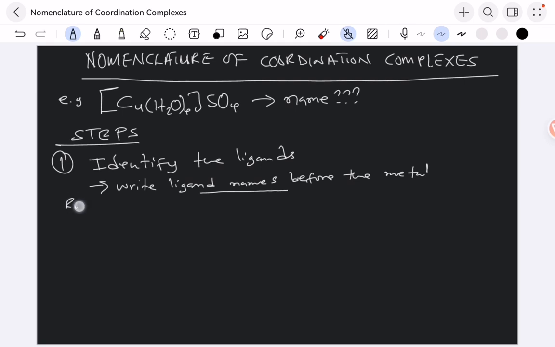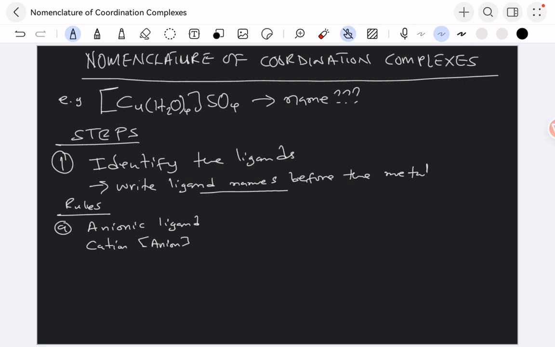Now, there are a few rules that I would like us to pay attention to. Rule A, we have what we call anionic ligands. When they say anionic ligands, this is when a ligand appears on the anion side of a complex.